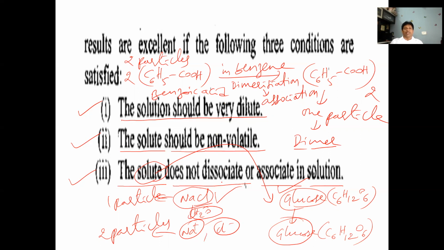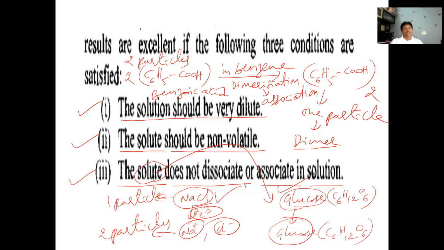But benzoic acid is undergoing association in benzene, whereas NaCl is undergoing dissociation in water. That's why it is difficult to determine the gram molecular weight of the solute accurately, and the result will not be excellent in this case. But in case of glucose, the results will be accurate.